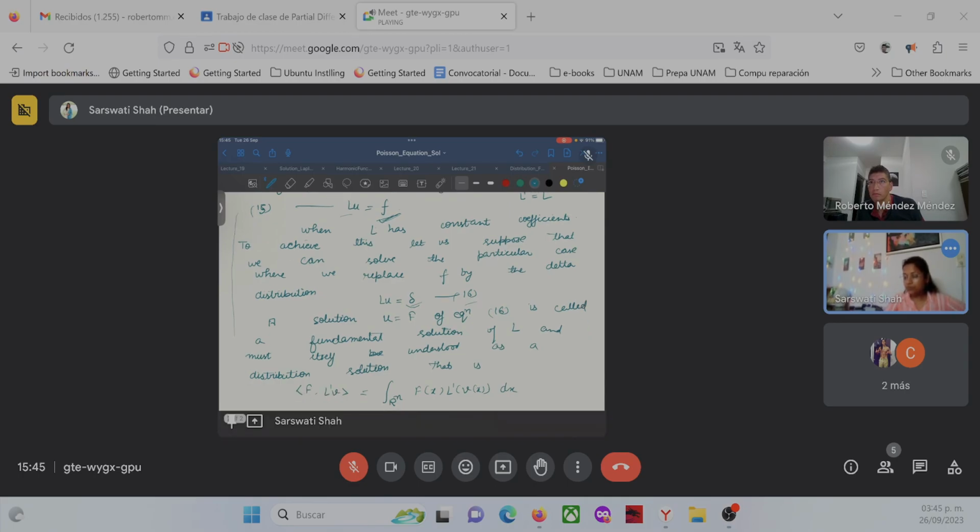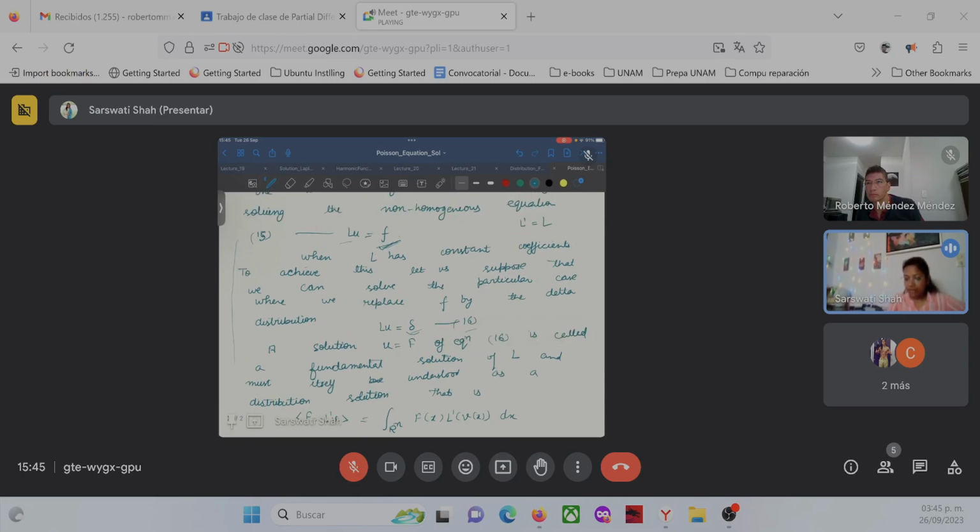Now here I have taken L with constant coefficients. So L equals L dash. So even if I write here L, it does not change its definition.